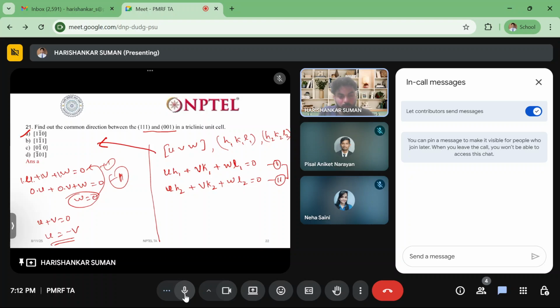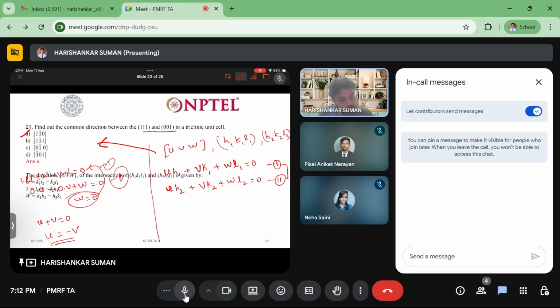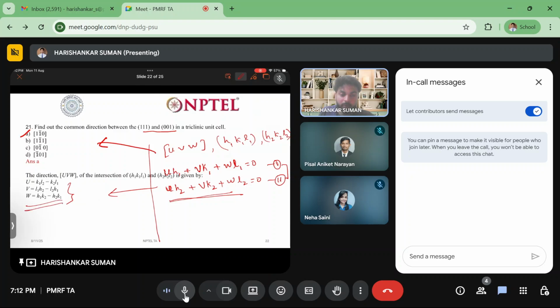Otherwise, let's move on if you don't have any doubt. Or another way of solving this equation, one minute. After solving, you will get an equation like that. So this is the way, and after solving, you will get UVW in this way.